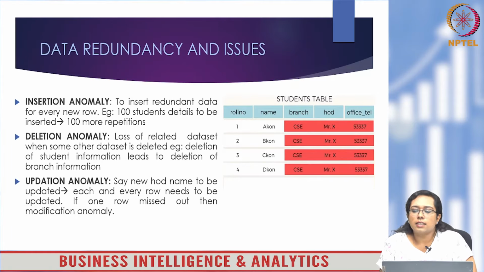So, see this students table. In this, there is data redundancy. Which is the redundant part? It is the part in red color. There are multiple students, right? A, B, C, D, 4 students, and all of them belong to the same branch.